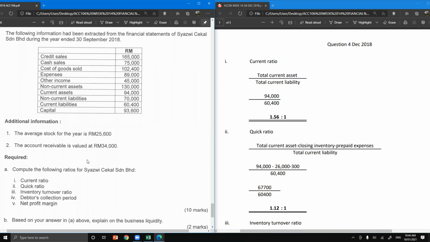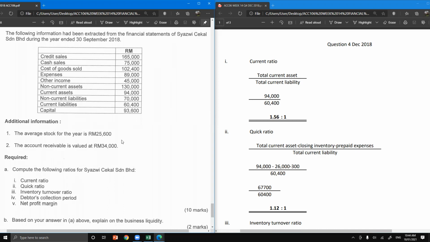And then for the second question, A2, quick ratio, the formula is quite similar to the current ratio, but we need to minus the closing inventory and also prepaid expenses. In this question, the amount for closing inventory is not given, and similarly the prepaid expenses are also not given in the question.